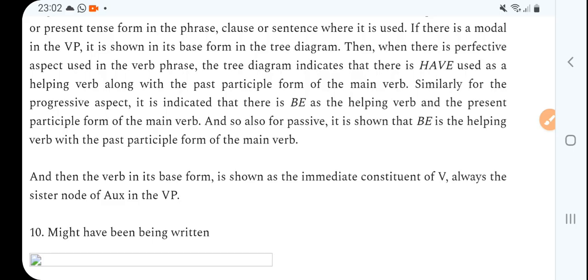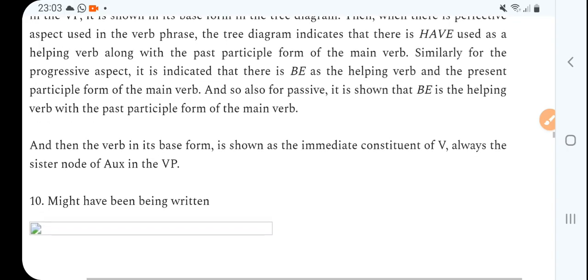So the modal is shown in the base form: in "they would like to go there", would will be shown as will, right? Then when there is perfective aspect used in the verb phrase, the tree diagram indicates that there is have used as a helping verb along with the past participle form of the main verb.